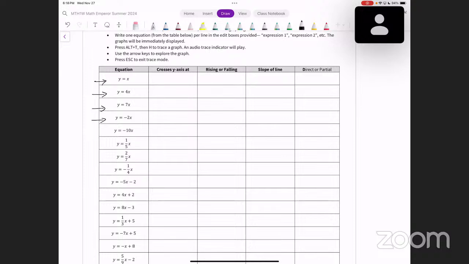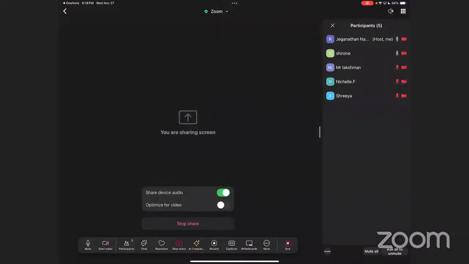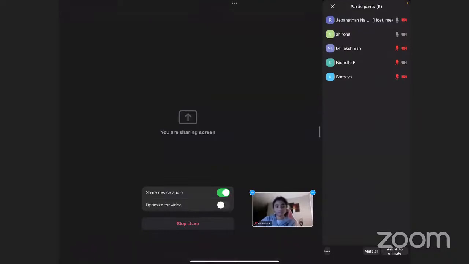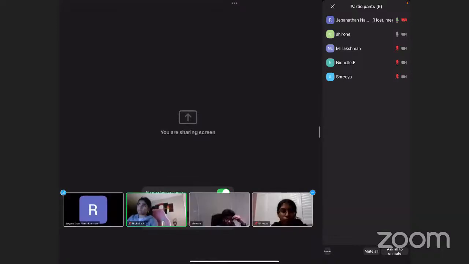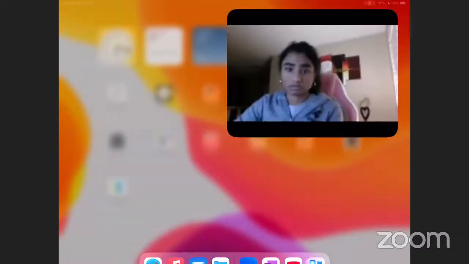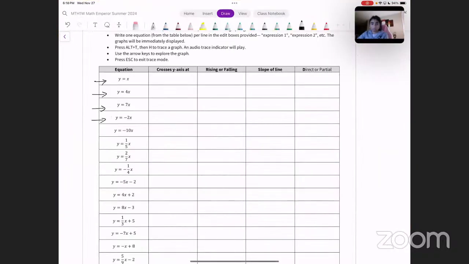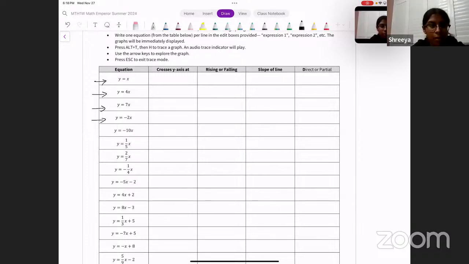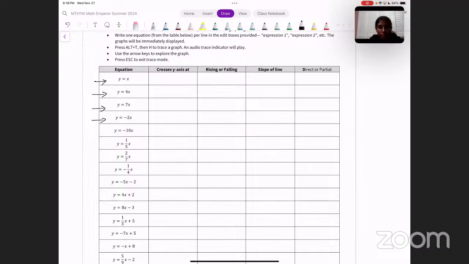Not yet. Soon. Please turn on your webcam. Still missing the webcam from a few people. All right, Shreya, you have done the homework for the table, did you? Can you tell me quickly the first 4? Where it crosses the y-axis based on the graph you see?